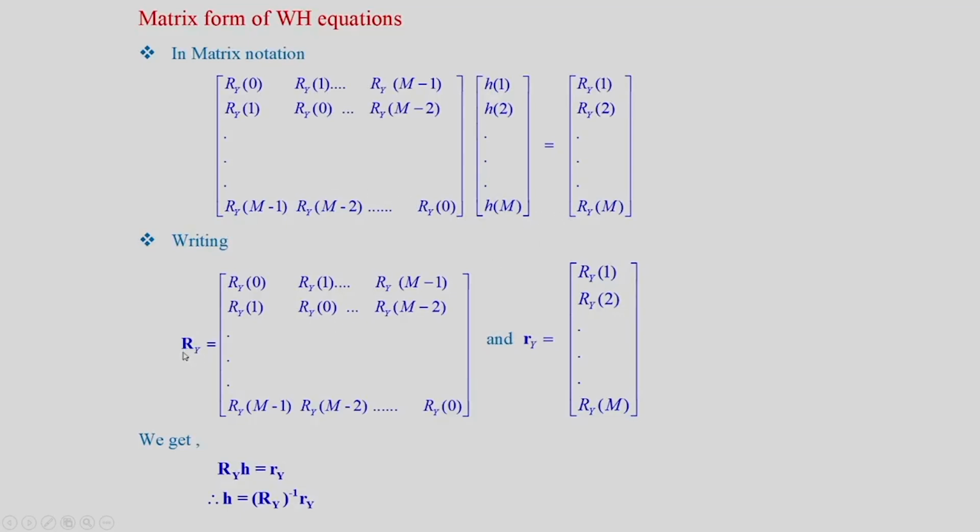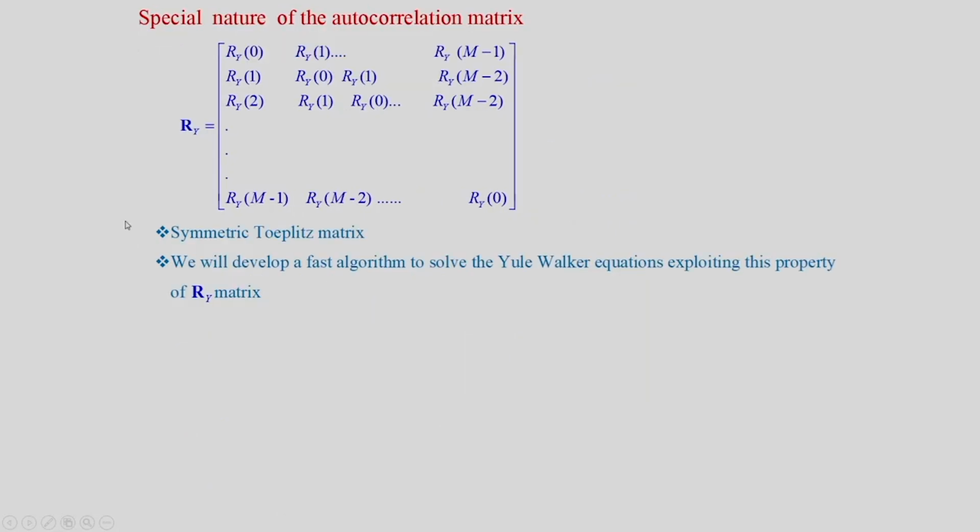If we say this matrix R_y is the autocorrelation matrix and small r_y is the autocorrelation vector r_y(1), r_y(2) up to r_y(m), then we can write R_y into the h vector is equal to small r_y. This means that h is equal to R_y inverse into small r_y. So, these are the prediction coefficients which we obtain by inverting the autocorrelation matrix and then multiplying with the small r_y vector.